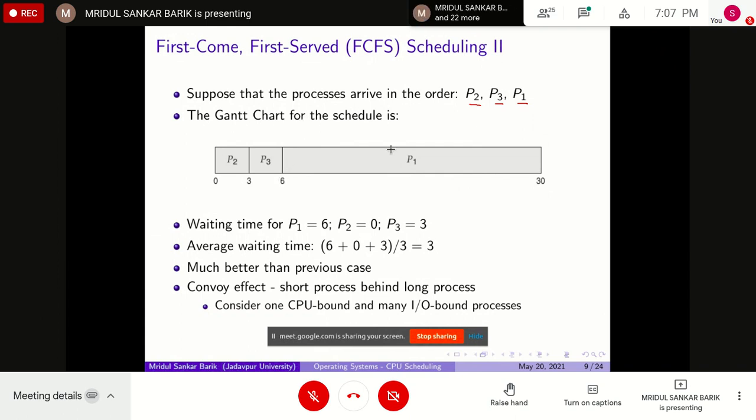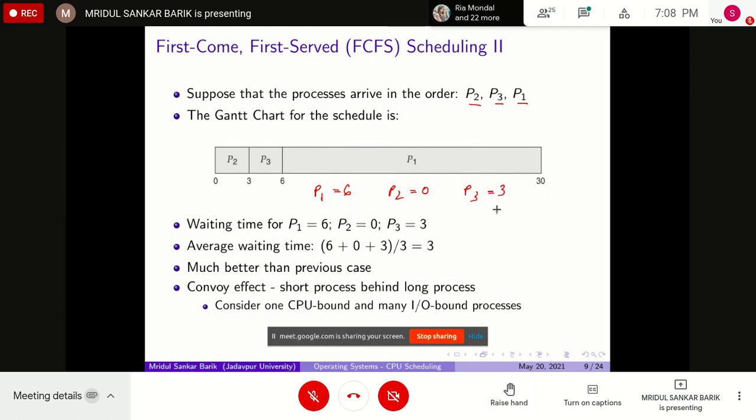Now the waiting time for P1 would be: it arrives at 0 and is given the CPU at time 6, so 6. Waiting time of P2 is 0, since it came at 0 and was given the CPU at 0. Waiting time for P3 is 3 minus 0, which is 3.